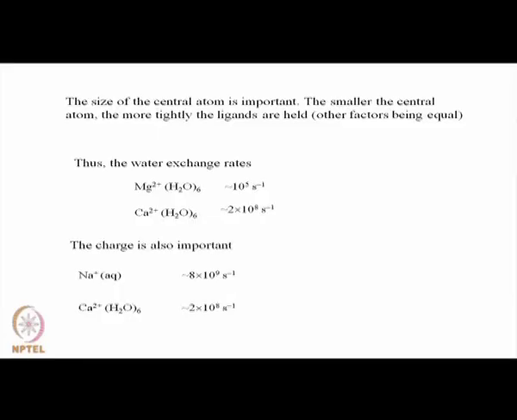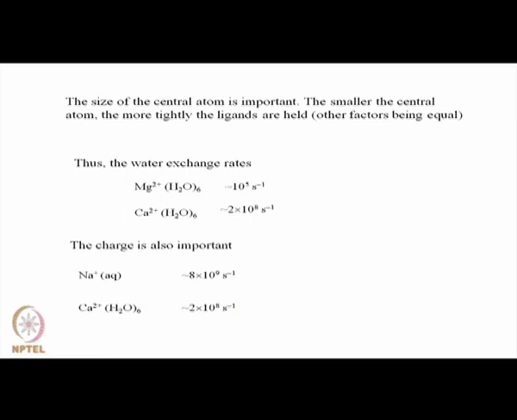The size of the central atom is important, because if the size is high, then the effective potential of that central atom will be less. So, therefore, ligands are less tightly held, but for a smaller central atom the ligands are held more tightly.